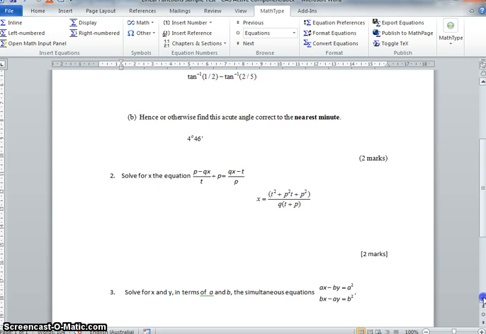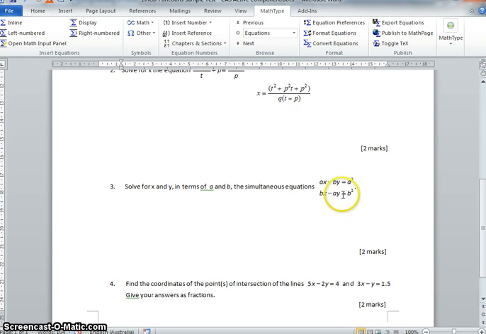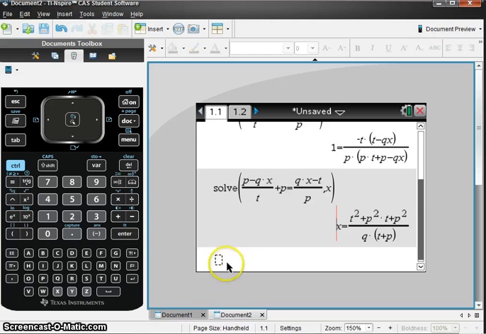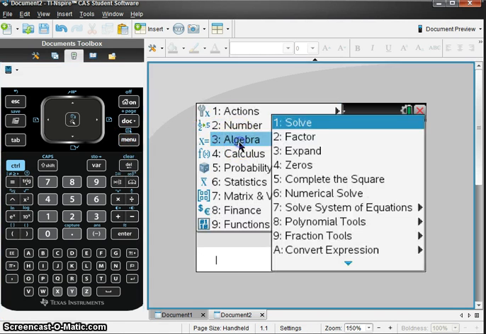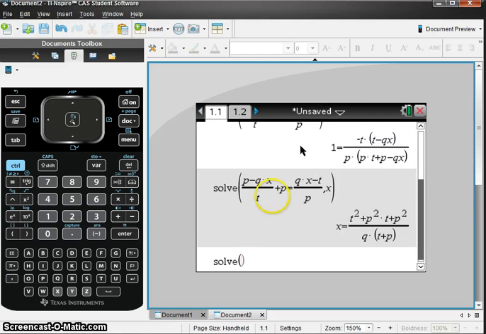Now the next problem, question 3, is solving this pair of simultaneous equations. Notice that there are 4 variables in total there, but we're asked to solve for x and y in terms of a and b. So essentially we're thinking of the a and b as constants. So once again we go to our CAS and we go to Menu, Algebra, Solve.